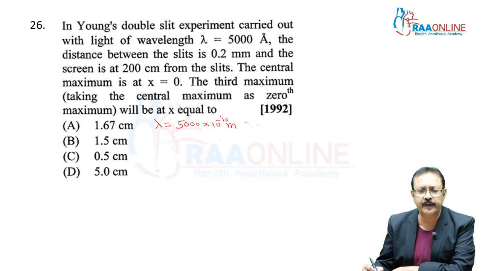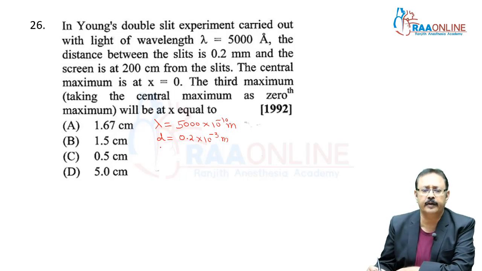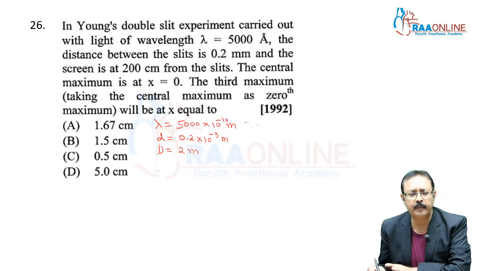The distance between the slits, d, is 0.2 millimeter. The screen is at 200 centimeter, D is given. The central maxima is at x equal to 0.